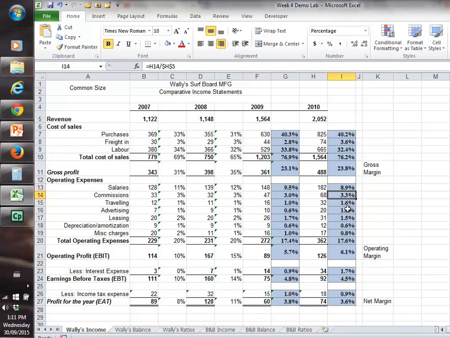Commissions did go up a little more than we expected. Same with our traveling. Maybe we had to go to some more trade shows, that sort of thing. Advertising doubled. Bit worrisome, but if we're promoting some new products, which might account for this big sales jump, that could happen. Leasing, we got some new equipment or maybe rented some new space, whatever the case may be.